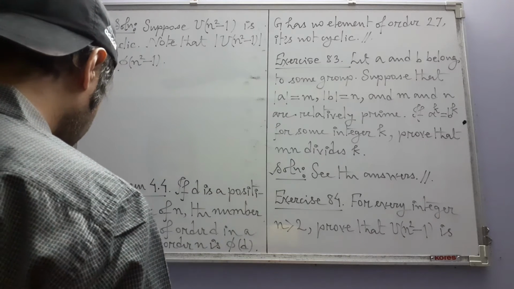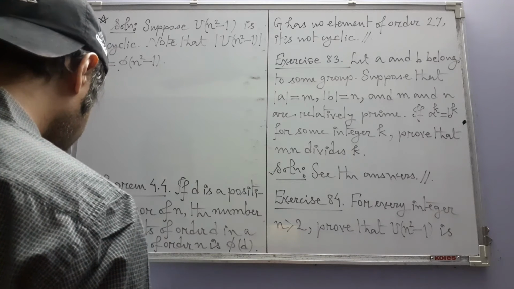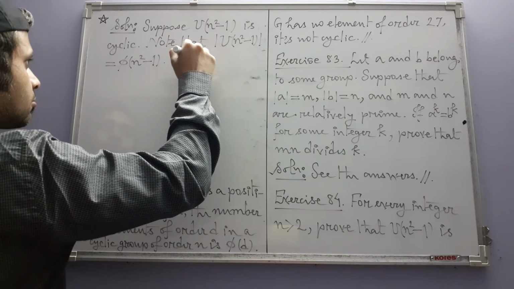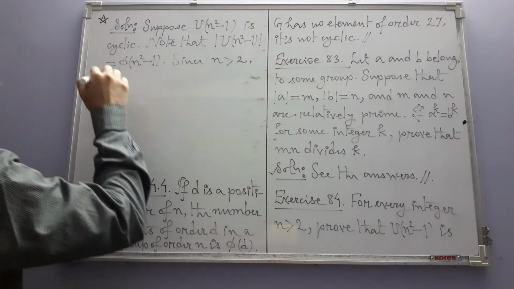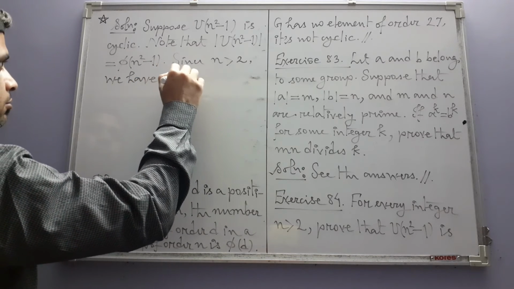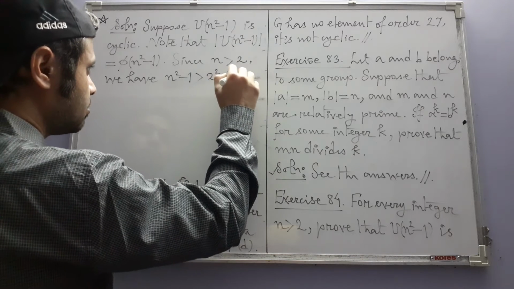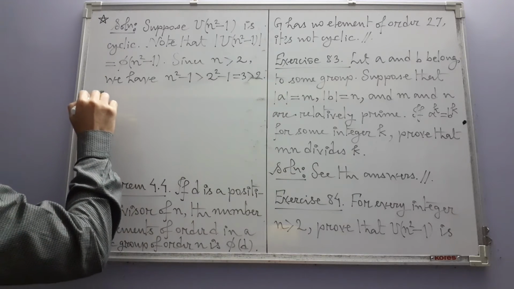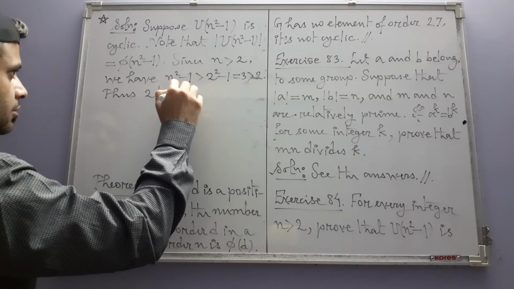Now here I am going to use one fact from number theory. It's not very difficult to establish, but still, since n is greater than 2, we have n square minus 1 is greater than 2 square minus 1, which is 3, and that is again greater than 2. Thus 2 divides phi of n square minus 1.